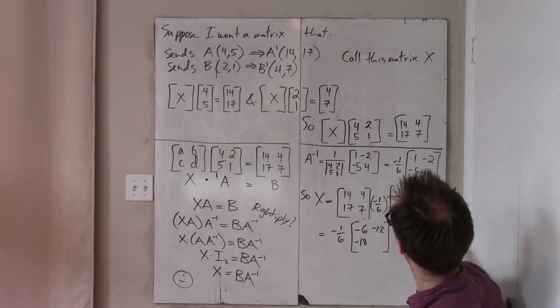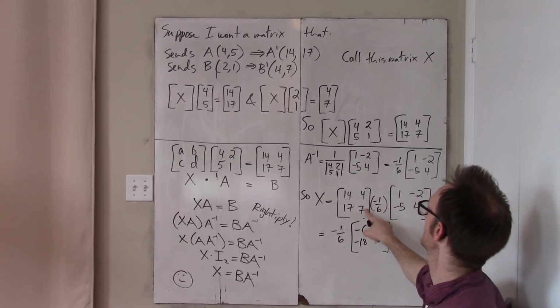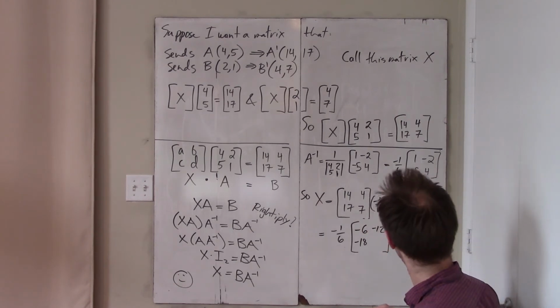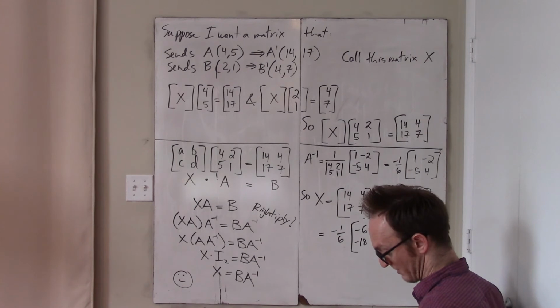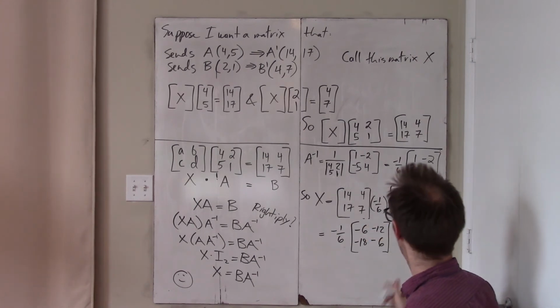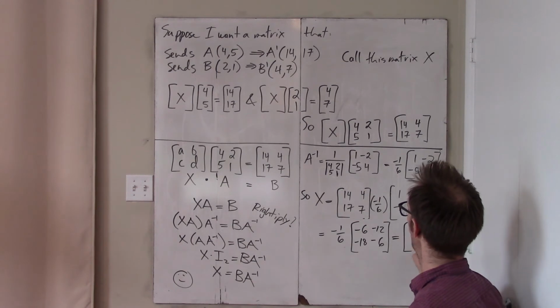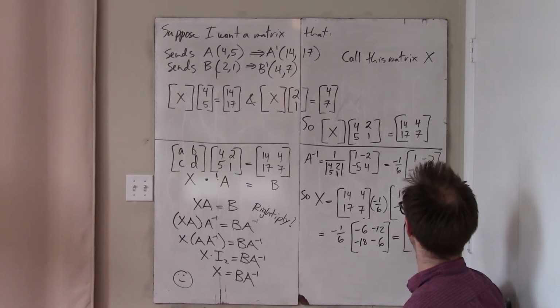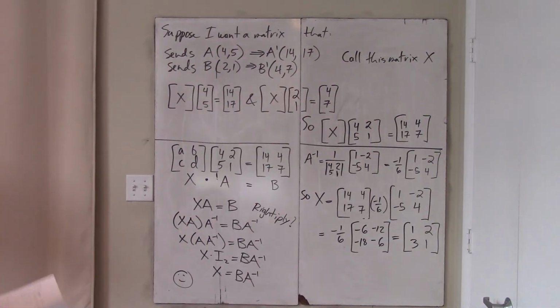And finally, row 2, column 2, that's -34 and 28, which is -6. Is that right? Yeah, that looks good. And now when I distribute the -1/6 through, I end up with 1, 2, 3, 1. Okay, so these were nice numbers, and you get this happy matrix, 1, 2, 3, 1.